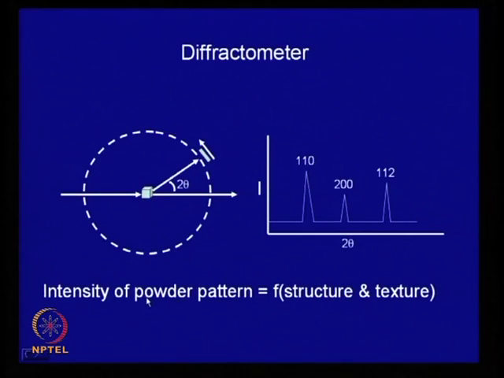So, in short, I have put here the intensity is a function of structure, microstructure and texture, how the different grains are oriented, apart from the crystal planes and the Bragg angle, that is 2 theta.